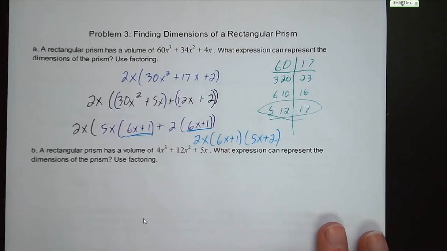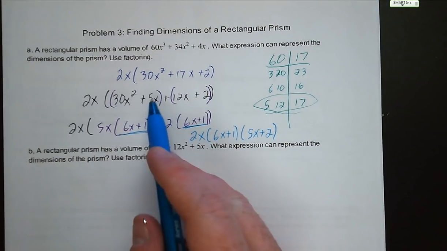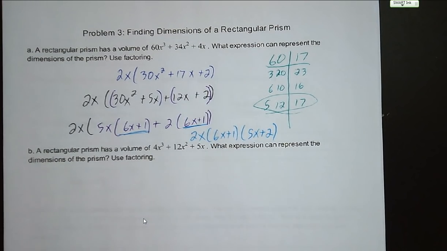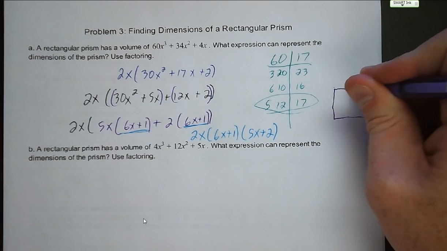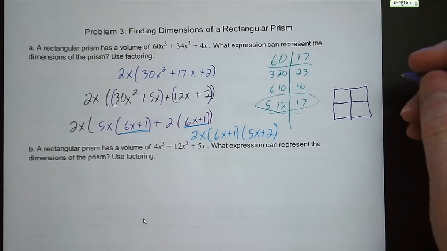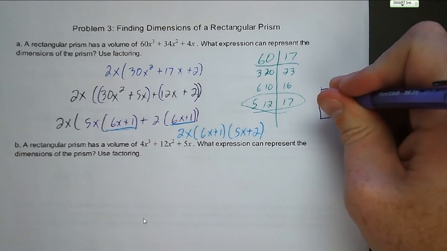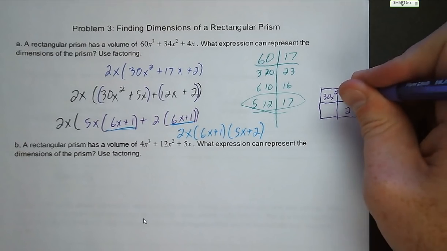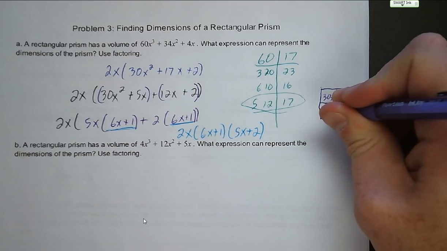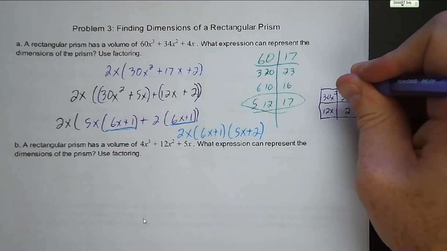Now, if you don't want to do the factoring by grouping route, you can do the factoring by a table or by a box method that I had taught you, and you're going to get to the same place. So I'll just do it real quick off to the side here. So we've got 30x squared, we've got a 2, and now we put in our two factors, 5x and 12x. Our common factor there is a 1.